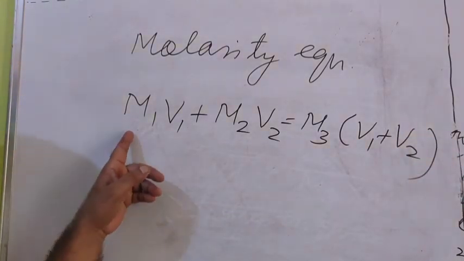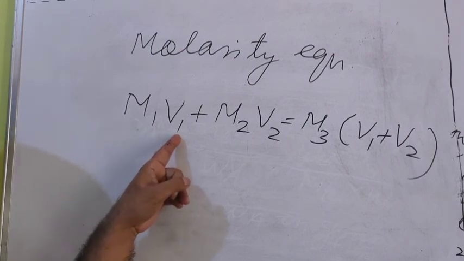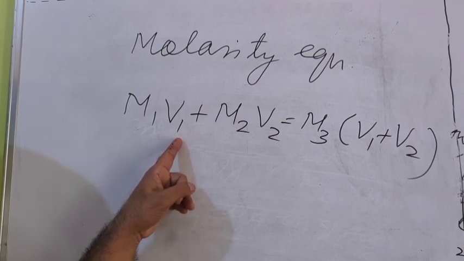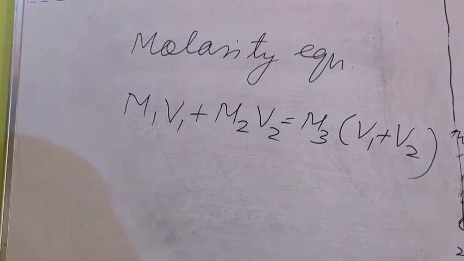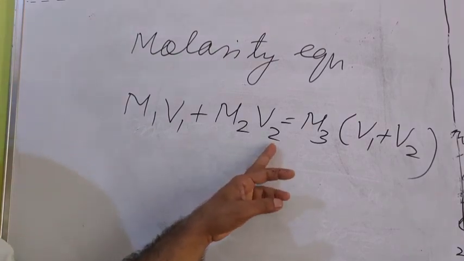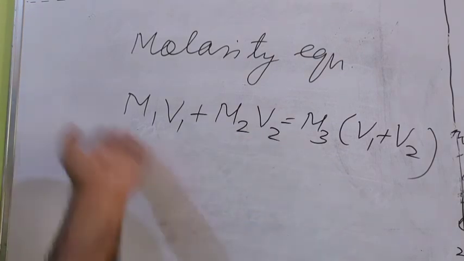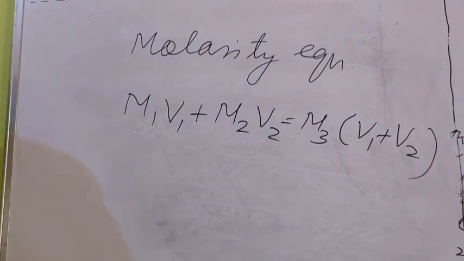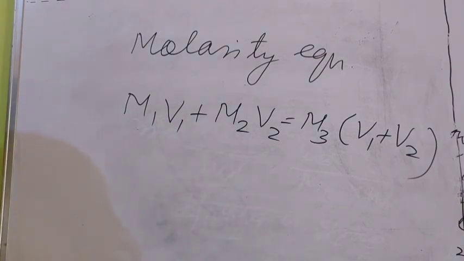Means any solution whose molarity is M1 and initial volume is V1, if diluted by the addition of some solvent, then the final resulting solution molarity will be given by this equation, where V1 plus V2 is the final volume of the solution.